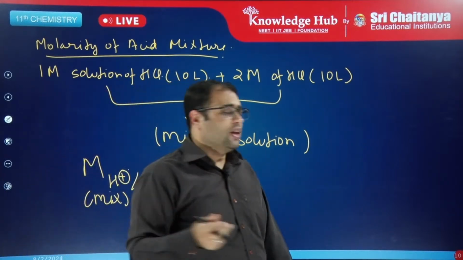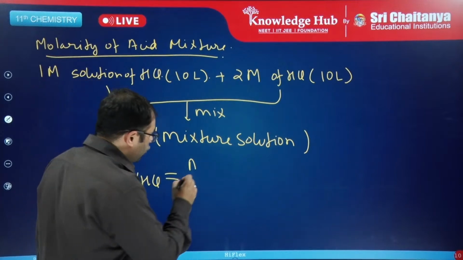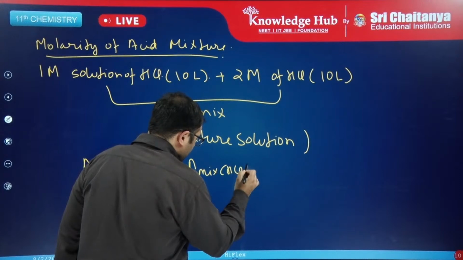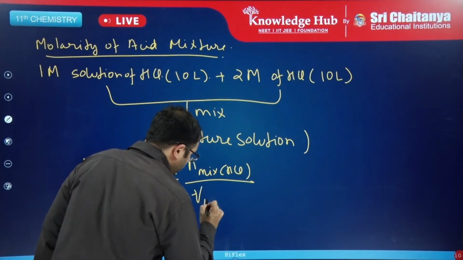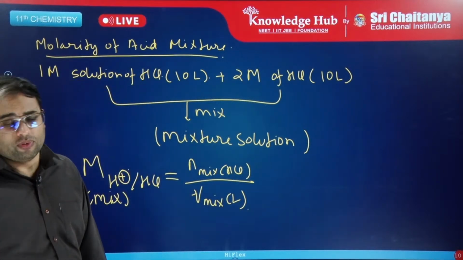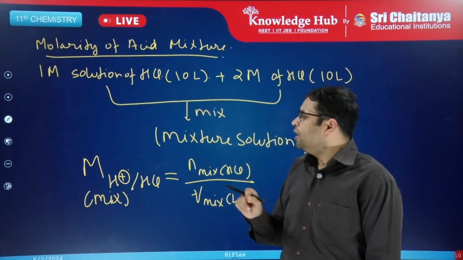Don't worry, same thing: number of moles, that is, moles of HCl in the mixture divided by the volume of the mixture in liters. The formula remains the same. The way to get to the calculation changes slightly.